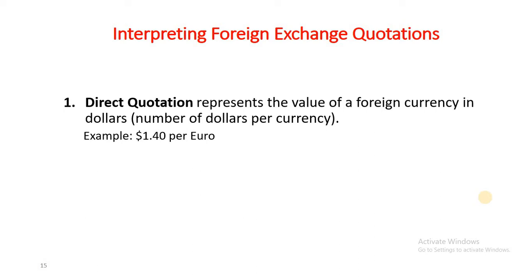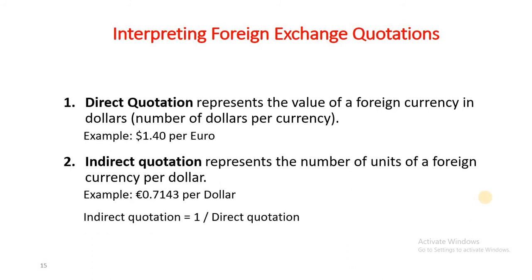So that's the direct quotation of dollar. And here is an example which shows that €1 is equal to $1.40, or $1.40 per euro. So that's the direct quotation of euro here.